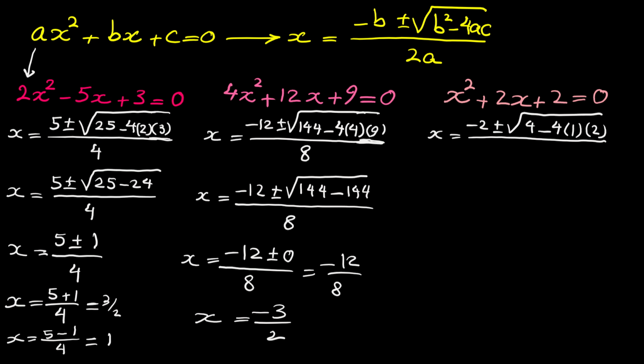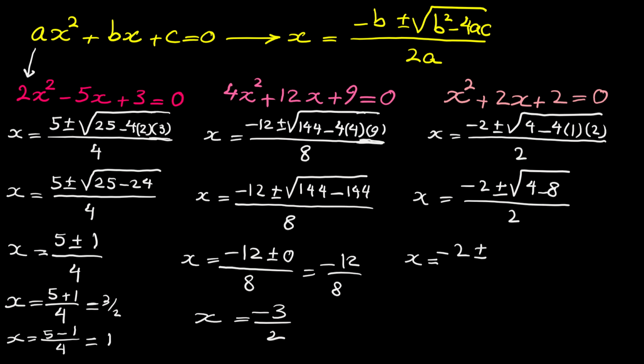We have 4 minus 8, because 4 times 1 times 2 is 8. All over 2a. 2 times 1 is 2. From this, x is negative 2 plus or minus the radical of 4 minus 8, over 2. If we simplify inside the radical, 4 minus 8 is negative 4, all over 2.